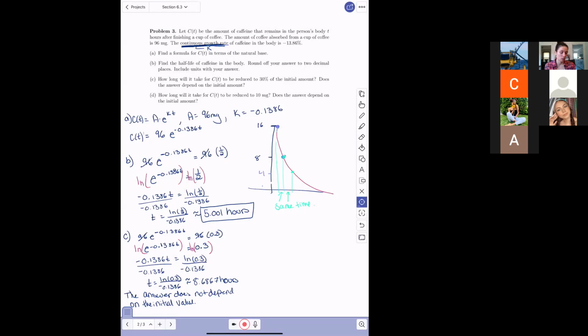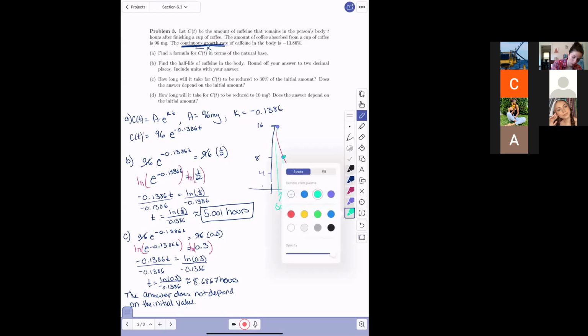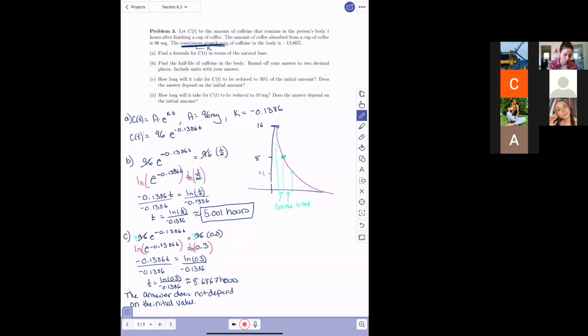But in all of these so far, our first step has been to divide by the initial value. And our initial value ends up dividing out to 1 on each side. So if the initial value was 300 here, or 396, that would have divided out to 1 too. Does that make sense? Yeah, thank you.